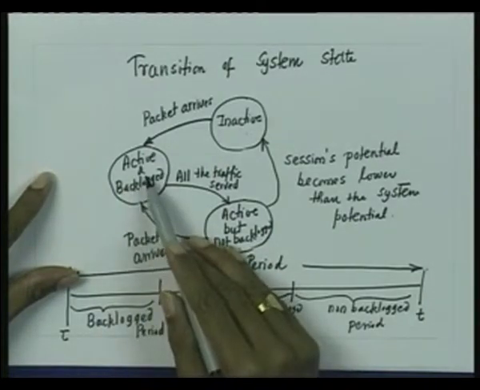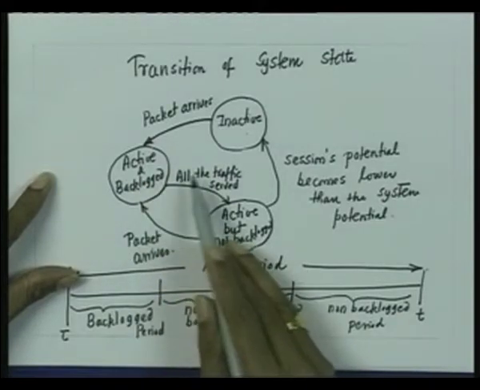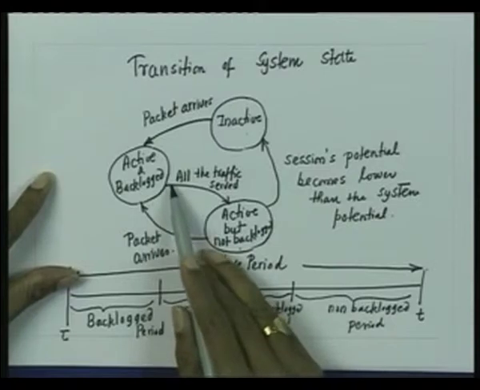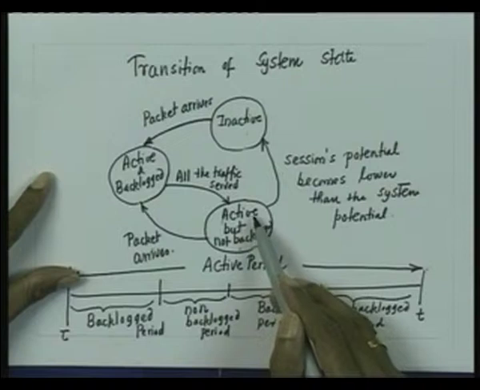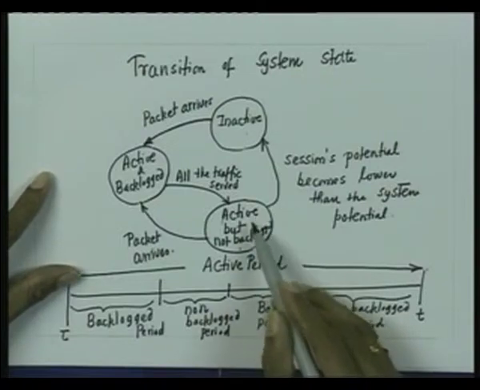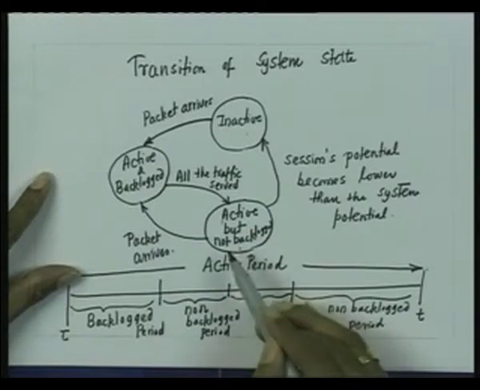Now as the session starts receiving service, the session's potential increases, and when all the traffic has been served, the session remains active because its potential will be more than the system potential, but since all the traffic has been served, it will now be not backlogged.